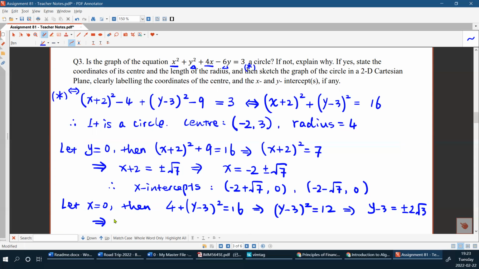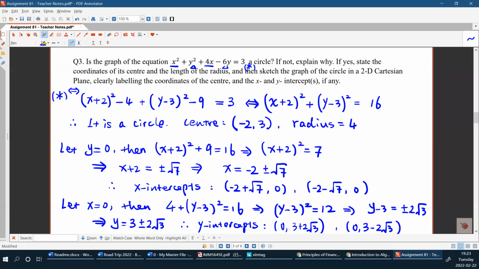And this gives us y is actually 3 positive or negative 2 times square root of 3. Therefore, the y-intercepts are (0, 3 plus 2 times square root of 3). The other point is (0, 3 minus 2 times square root of 3), right?